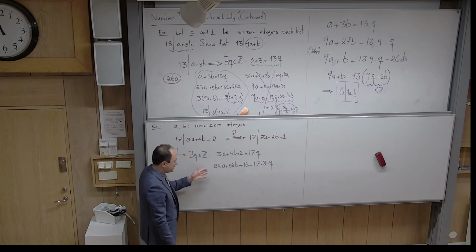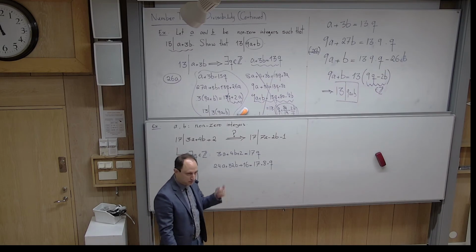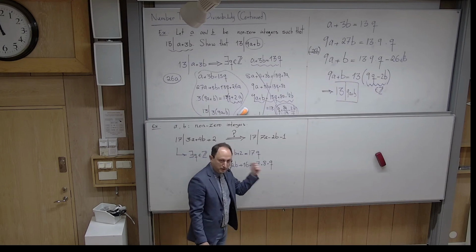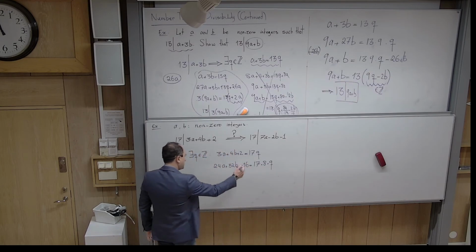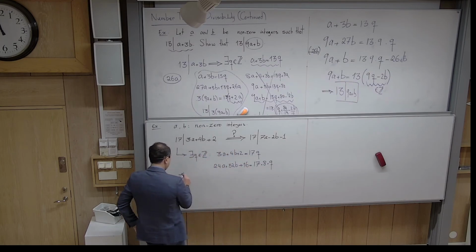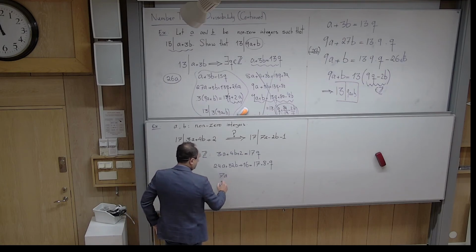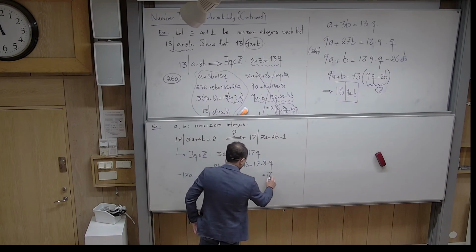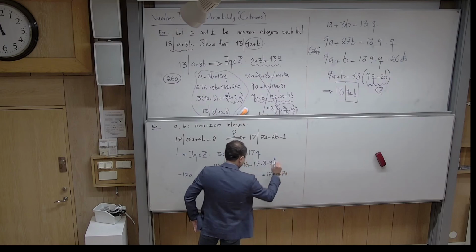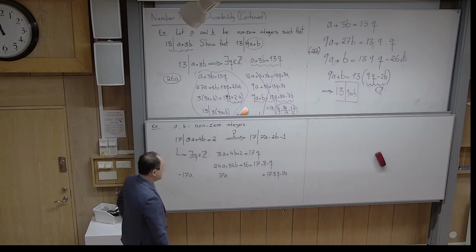I subtract 17a. And as far as that is 17, you should be happy because 17 doesn't have any problem. I can factor it out. So I subtract 17a, and this becomes 7a. Let me write it like this: 17 times 8 times q minus 17a. So far, so good.